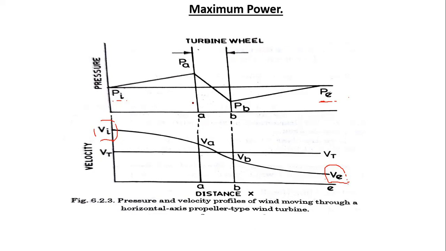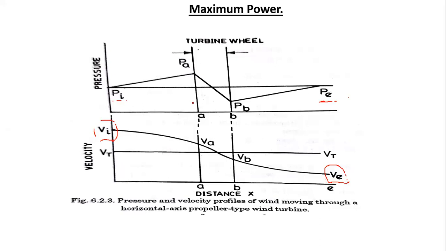We are assuming throughout that the air density is constant because changes in pressure and temperature are very small when compared to ambient temperature and ambient pressure. There is only a little difference between the change in temperature and ambient temperature, or the change in pressure and ambient pressure.